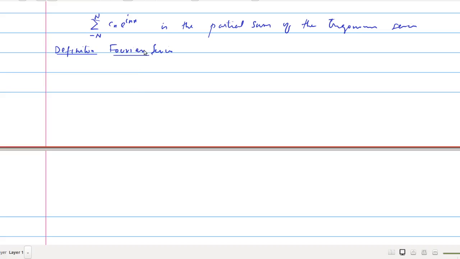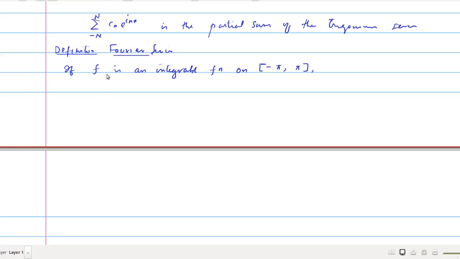So to define a Fourier series, we start with an f, which is an integrable function on minus pi to pi. For the time being, we are defining the Fourier series on the interval minus pi to pi.